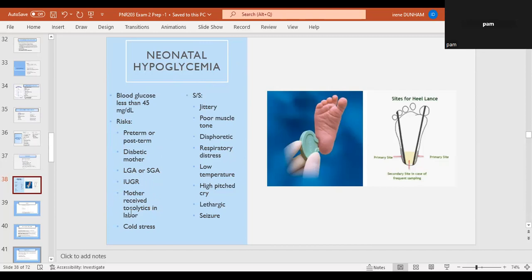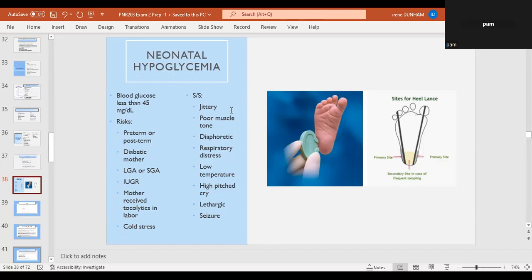So that baby also, like terbutaline or magnesium sulfate, those are things that you have to be on alert for hypoglycemia. And of course, if you cold stress your baby, that means that you did not have your baby in a warm environment, baby didn't get dried off properly, they're going to use more of their blood sugar to warm their body. So you don't want to ever cold stress a baby.